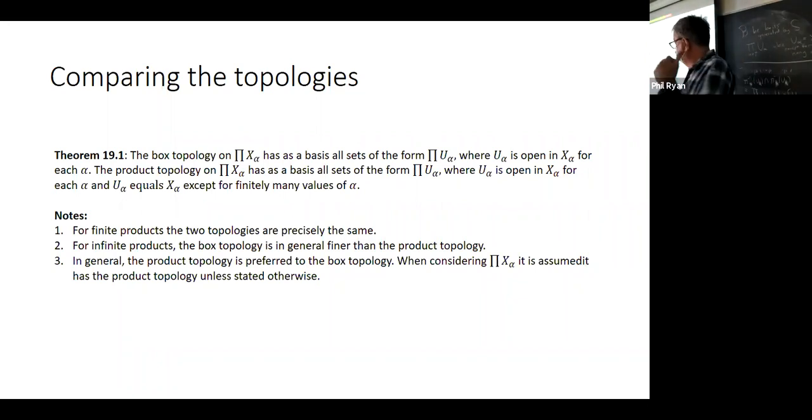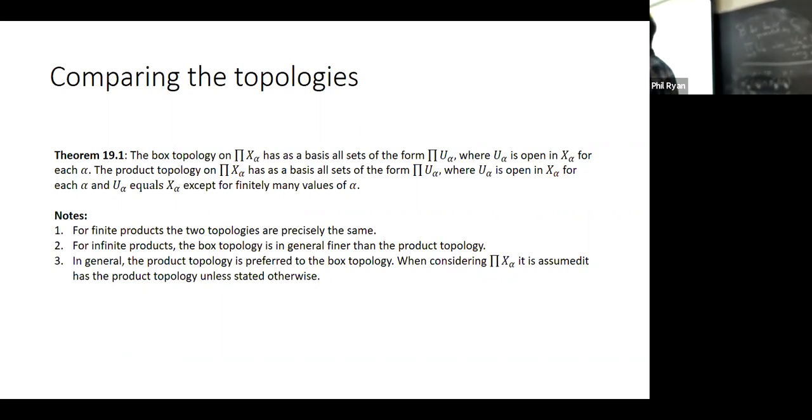The last theorem we'll discuss in this section, I don't know if we'll have time to do it, is actually going to give you a good reason why. But what typically happens is that theorems that are true for finite products typically hold true in the product topology with the infinite. And there are a lot of theorems which are true for finite products and have no chance in the box topology.